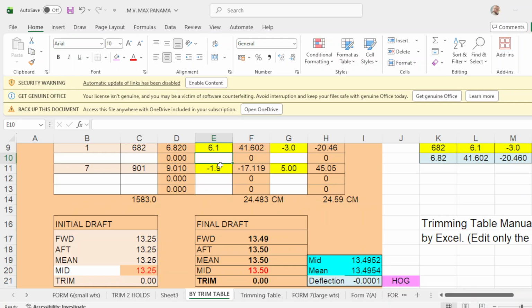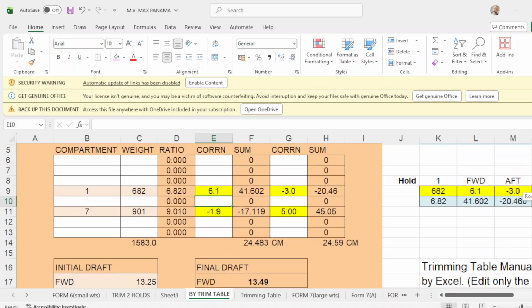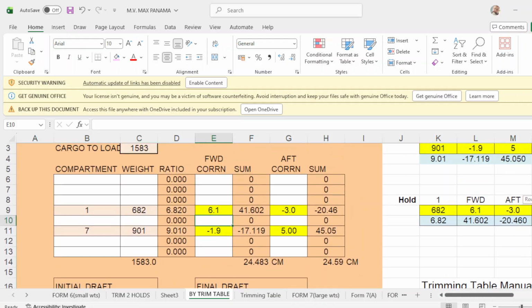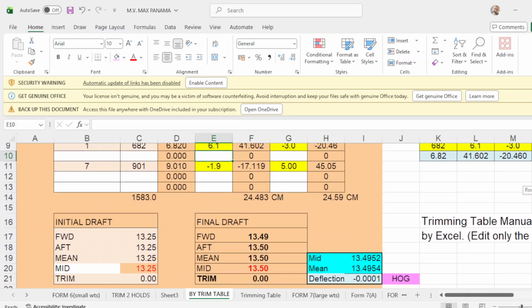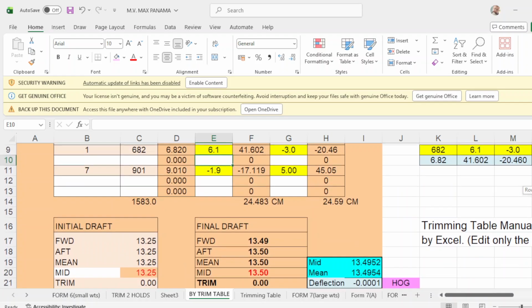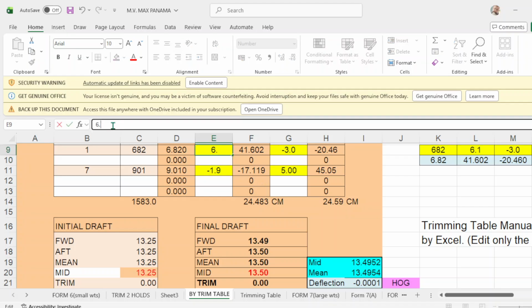So what you do, you just adjust this forward correction. This is your forward correction, so you adjust this one. For example, you make it 6.2. Take note of what happens to forward drop.